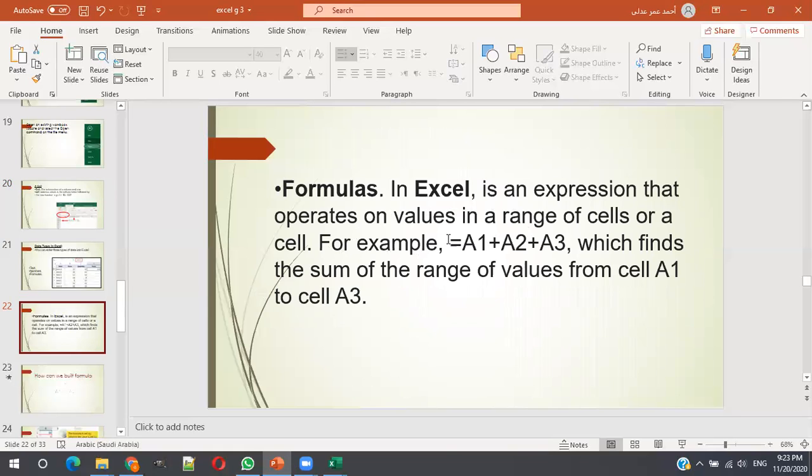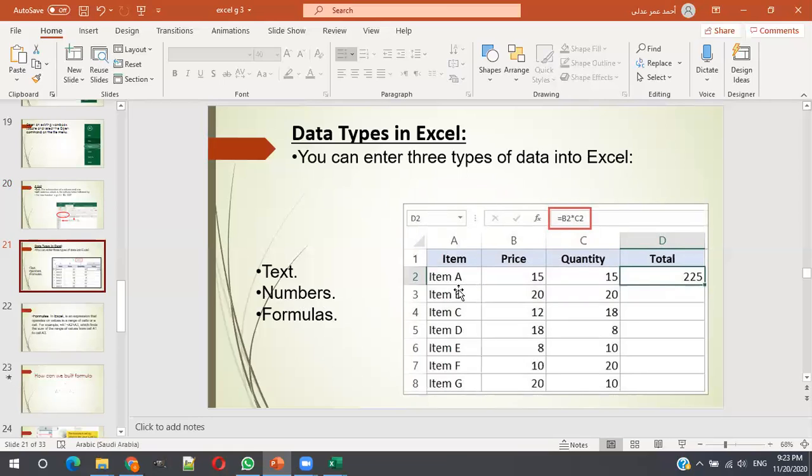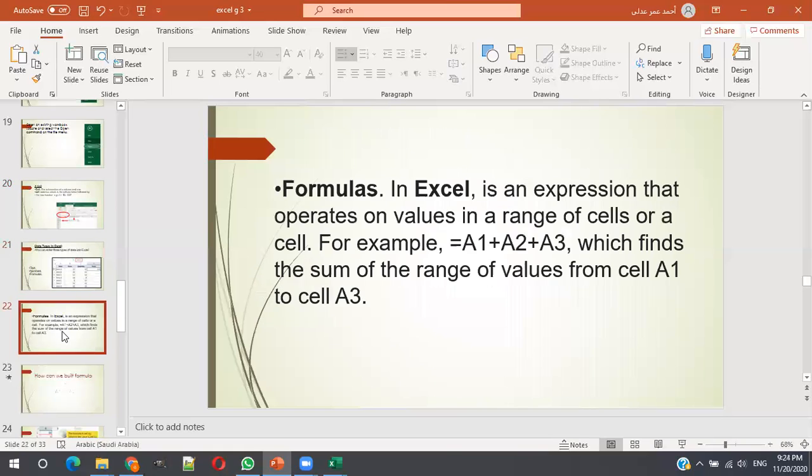For example, equal A1 plus A2 plus A3, or B1 plus B2 plus B3, or equal B2 multiply C2. Okay, this means formula.